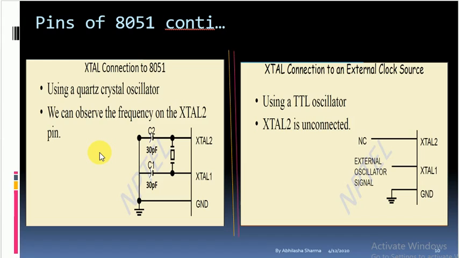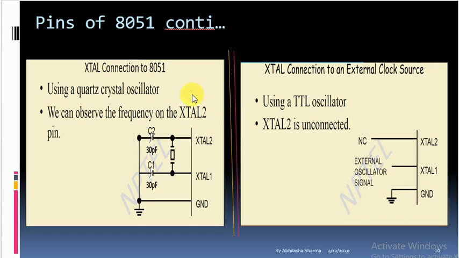And what is the other method for connecting an external clock source? This is the circuit diagram. Here the XTAL2 pin is unconnected, it is not required. The XTAL1 pin is connected to the external oscillator, and after that connection it moves towards the ground.